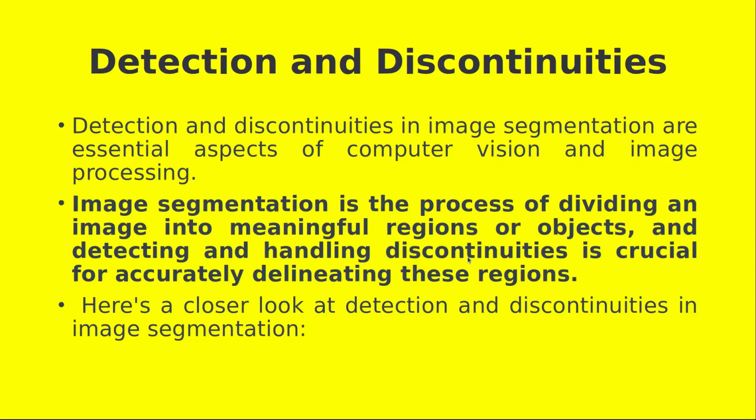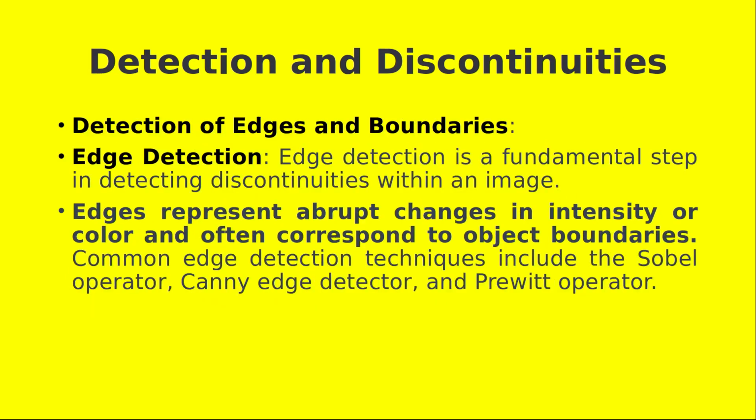Detection and discontinuity in image segmentation are essential aspects of computer vision. As we already saw, each meaningful region consists of similar characteristics. Then detection of edges and boundaries. Edge detection means, as we saw in the image, the edge splits two different regions. That is why detecting the edge is very important.